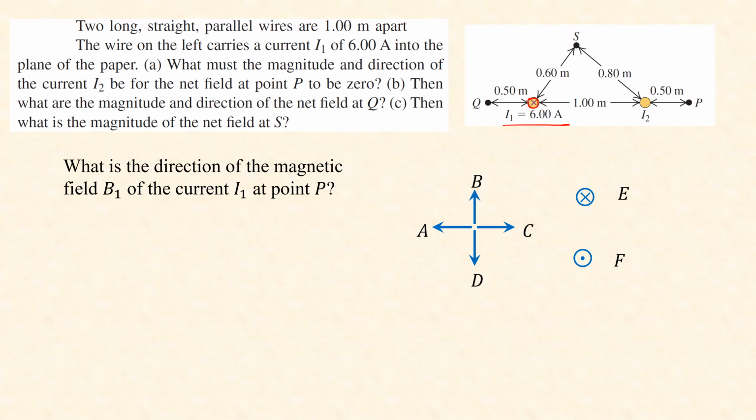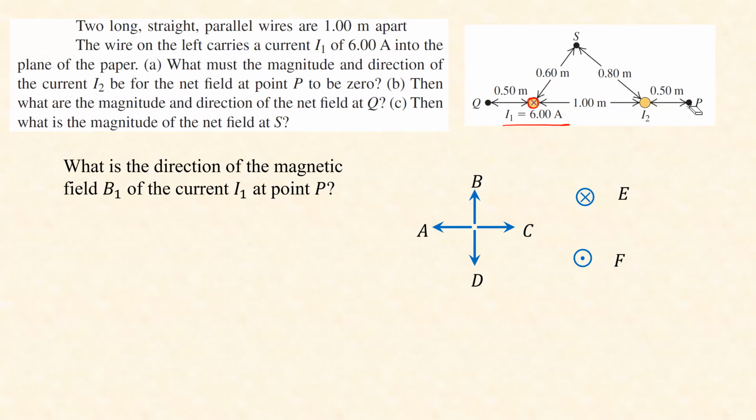Therefore, it's denoted by a cross. A, what must the magnitude and direction of the current I2 be for the net field at point P to be 0? This is point P. We want the field of this current I1 and I2 to be 0 at this point.